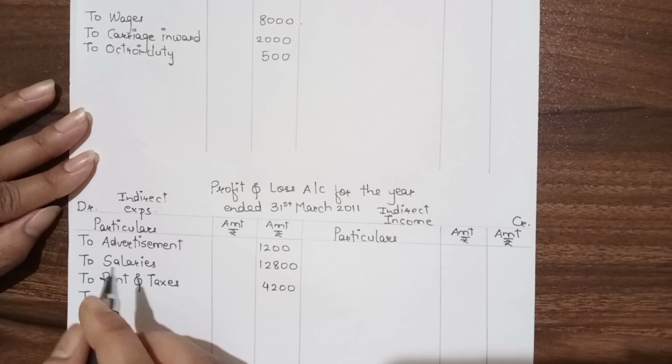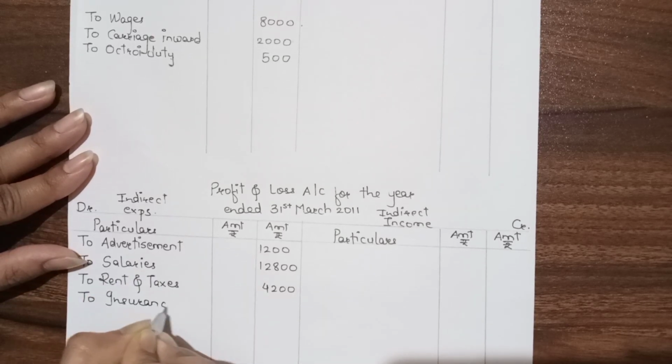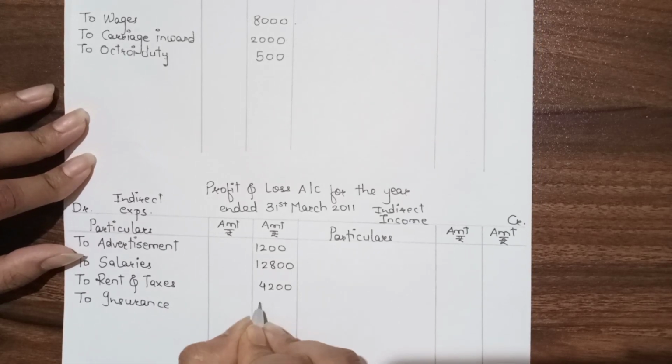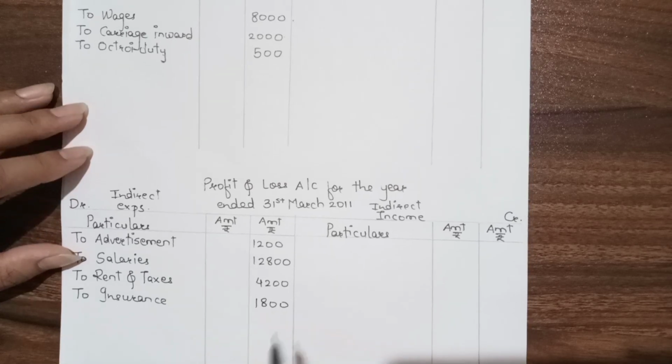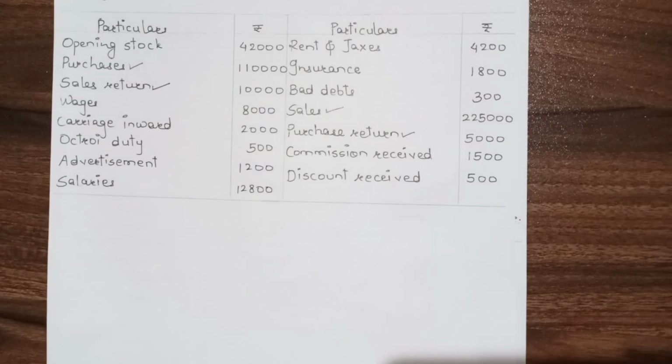So we are recording it here, to insurance, amount 1,800. Okay. Next one, bad debts. Now bad debts, this is also an expense of Mr. David because the amount is not recovered. So in the debit side of profit and loss account, this is your indirect expenses which is indirectly related to your business, not in the direct way.